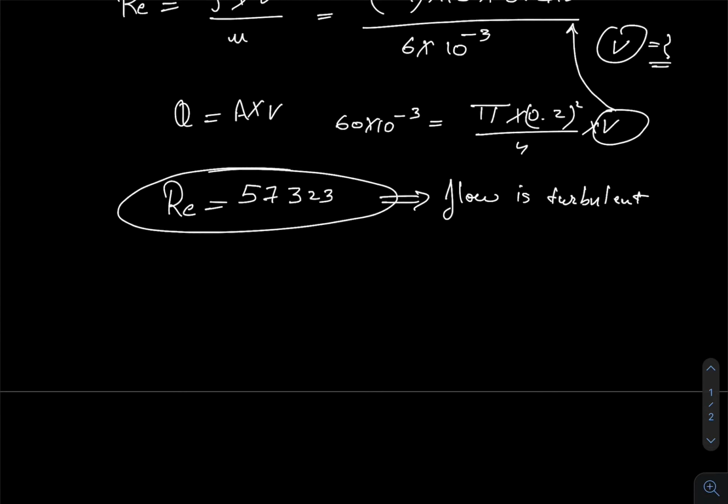Now I will use Darcy's equation to find the head loss due to friction. Darcy's equation says head loss due to friction is 4fLV square by 2gD. First I need to calculate the value of f.